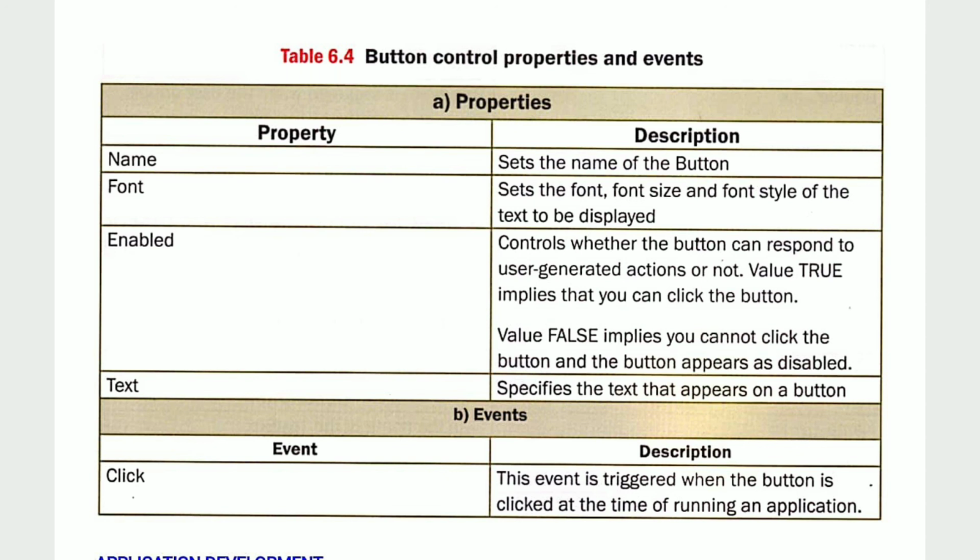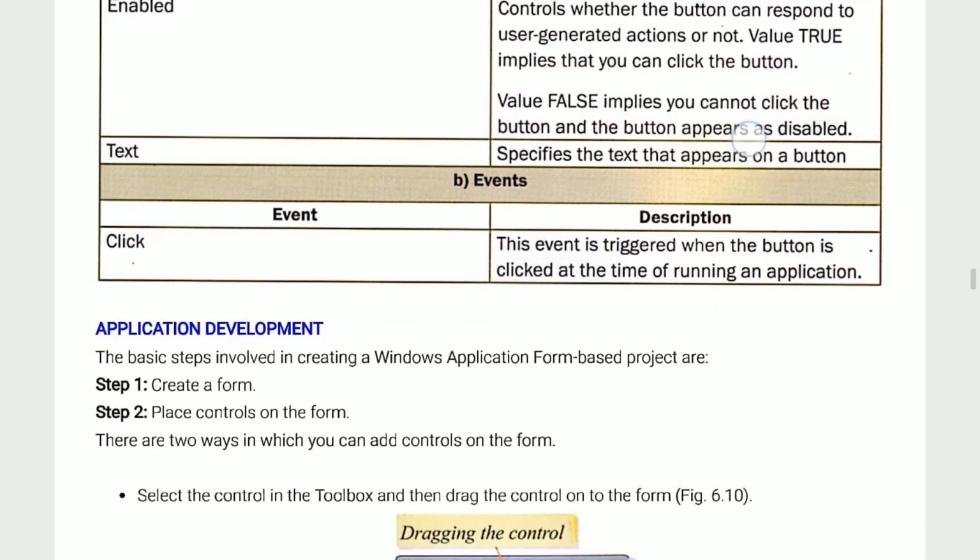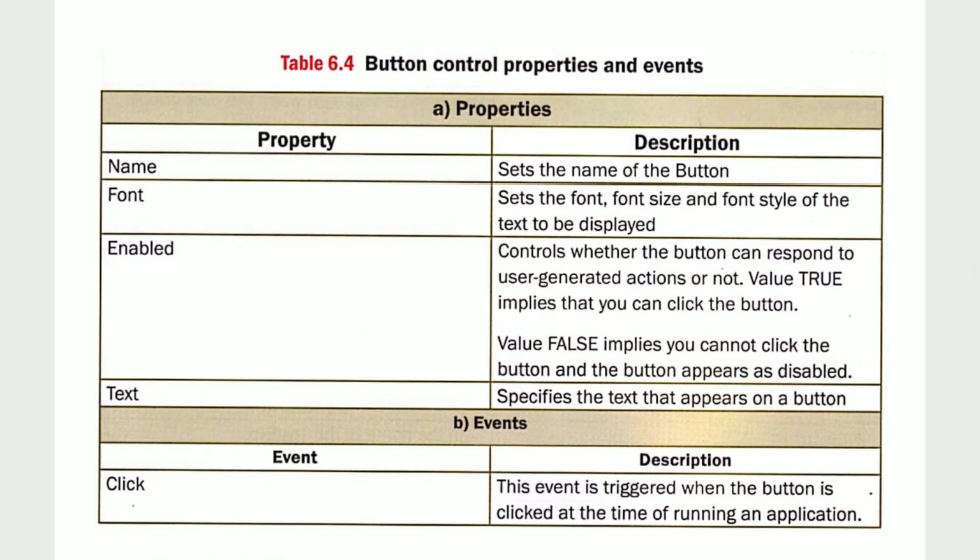Now let's talk about events related to the button control. As you can see on the screen, there is only one event related to the button control, the click event, and this is the most commonly used control for generating any action in Visual Basic.